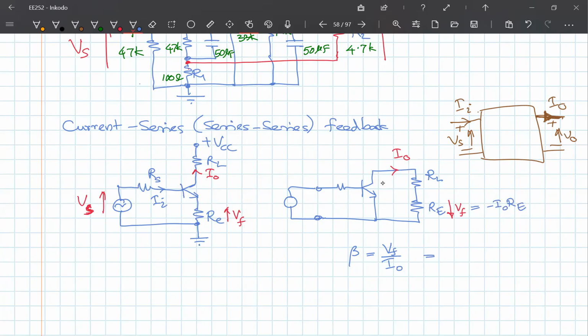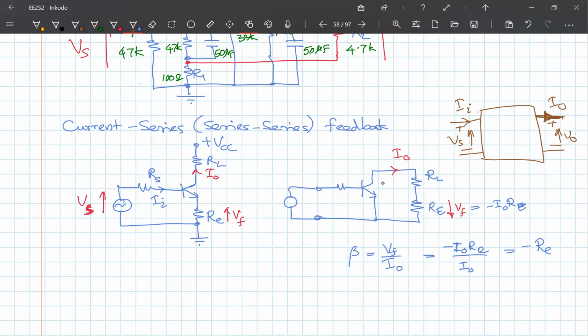Beta will be equal to minus I out RE divided by I out. So, minus RE will be my beta.